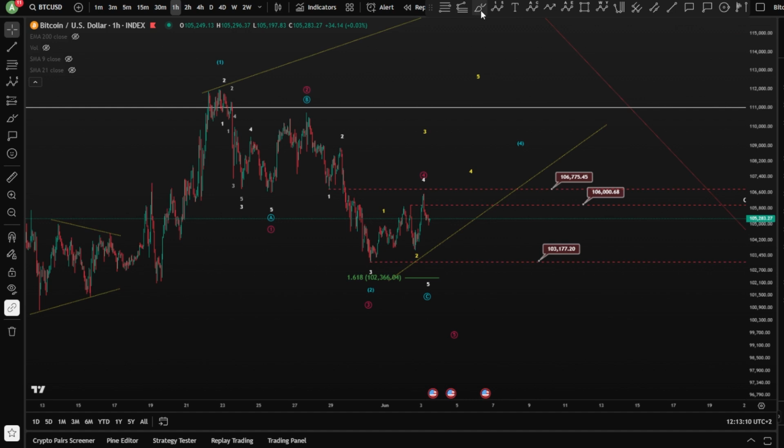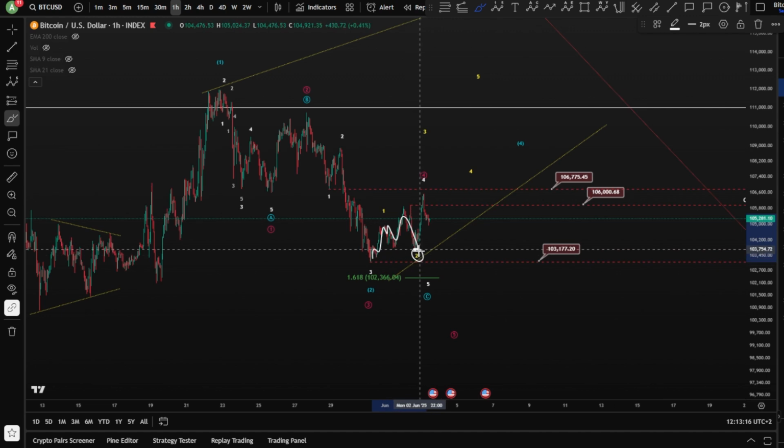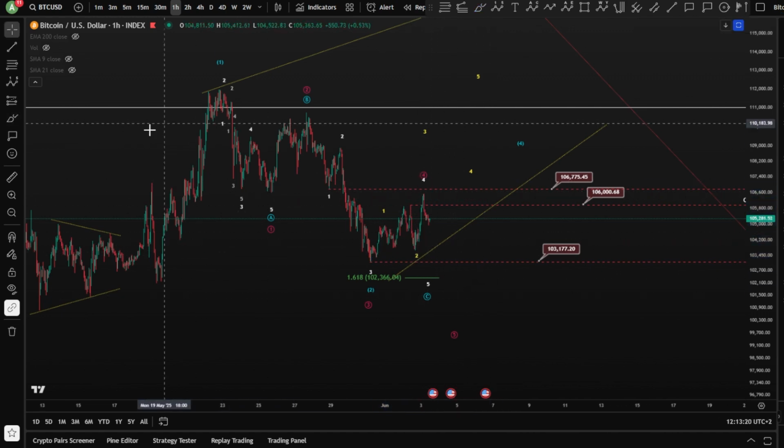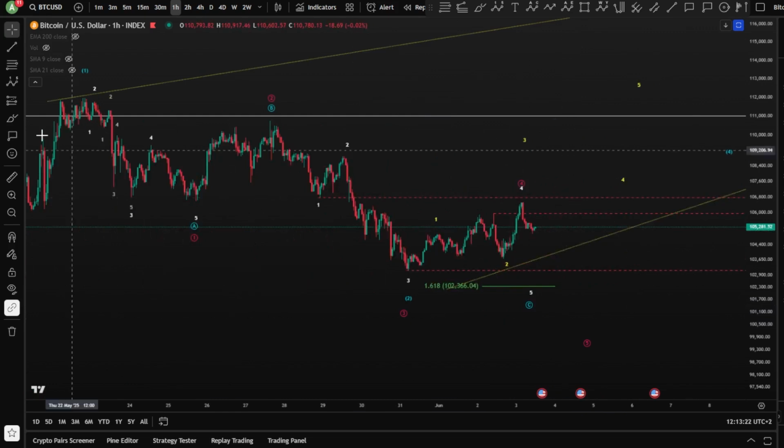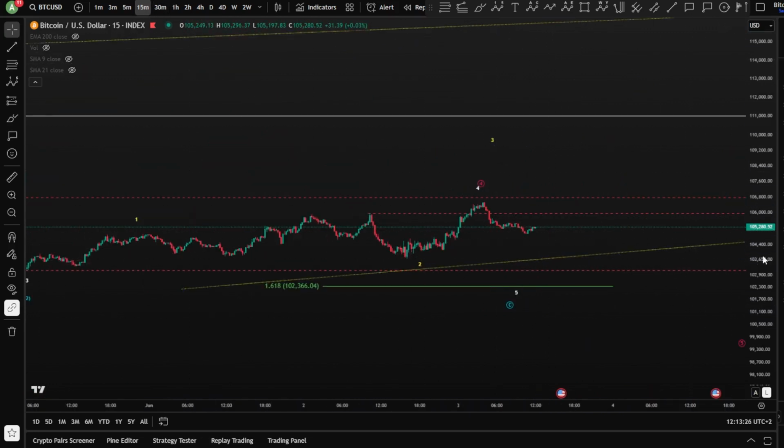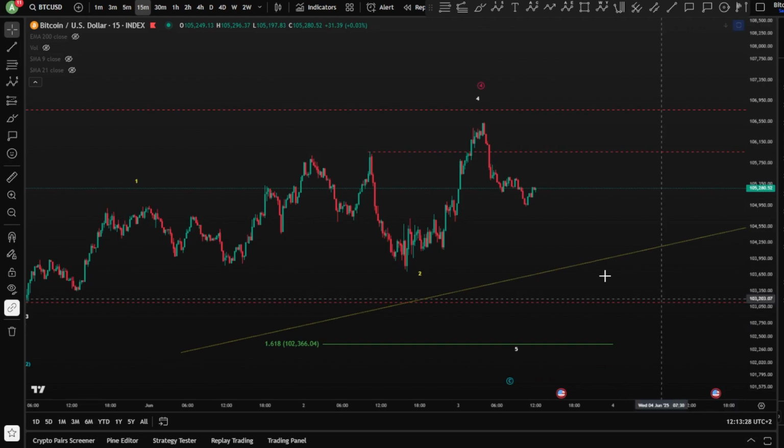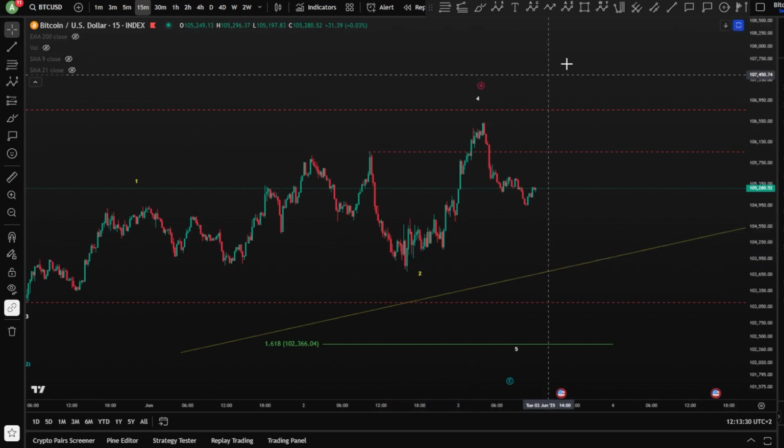Now, yesterday we said that we have 1, 2, 3, 4, 5, wave 1, then an ABC expanding flat for wave 2, and we're heading simply toward the upside. If we dive a little bit deeper inside this wave to count on the micro level, basically we have a 1, 2, 3 here.